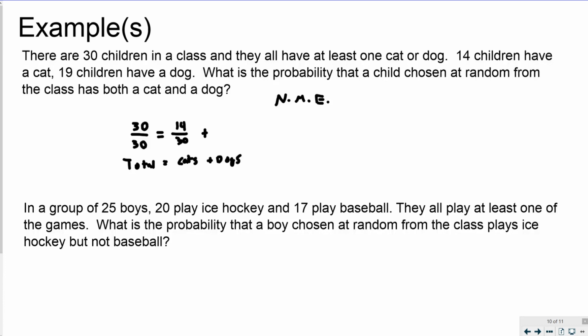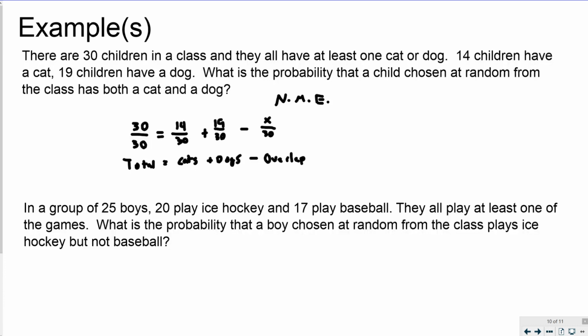So the dogs is 19 over 30. And then you have to subtract the overlap, because whenever we have non-mutually exclusive events, you always have that probability of overlap. So we don't know. That's what we're looking for. What is the probability that they have both a cat and a dog? That is the overlap. So x over 30.